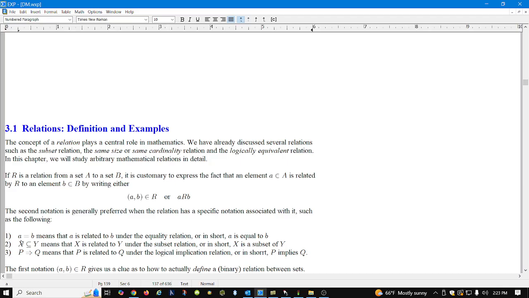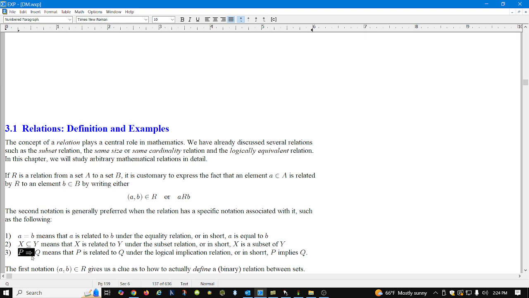means that a is related to b under the equality relation. Nobody says it like that, they just say a equals b. This notation means that x is related to y under the subset relation. And again, everyone says x is a subset of y.